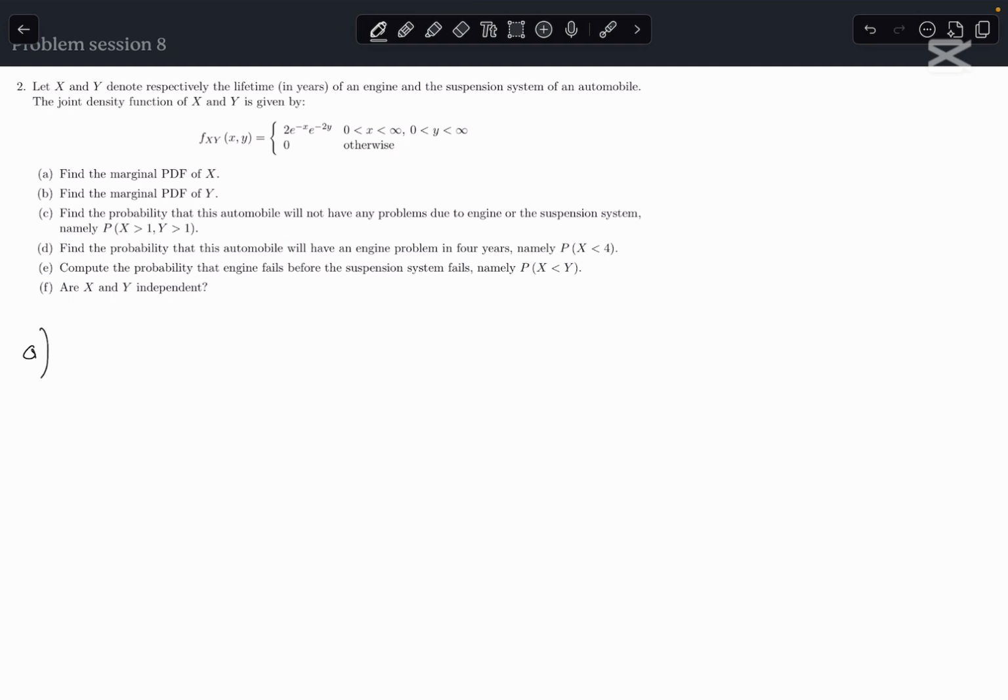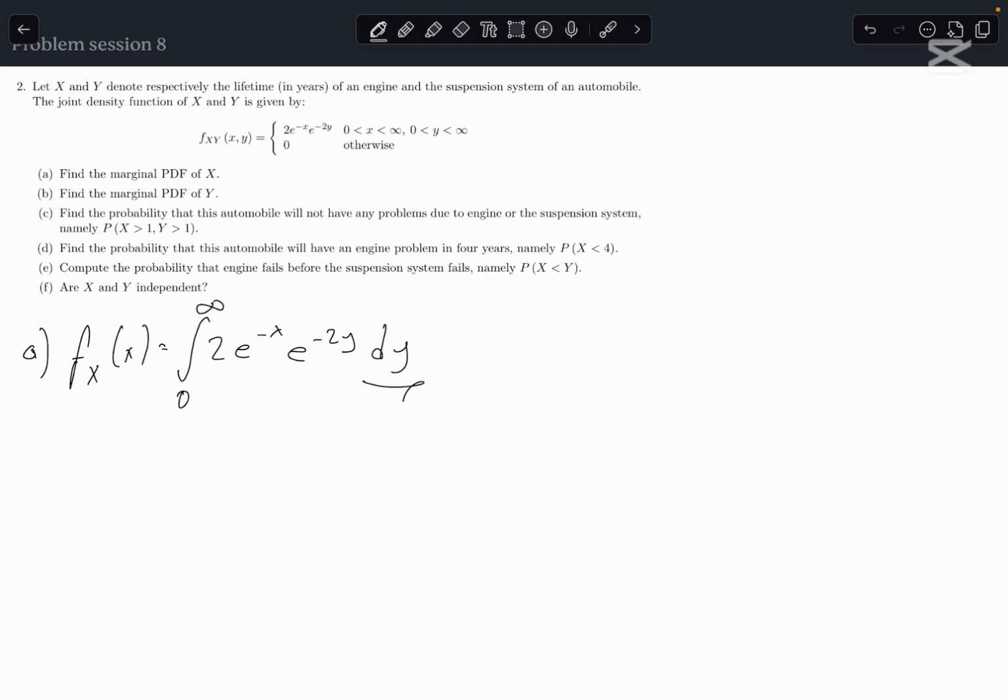So to find the marginal of x, we need to integrate the joint PDF over all y. Let's solve it. It equals the integral from 0 to infinity of e to the power of minus x, e to the power of minus 2y dy.